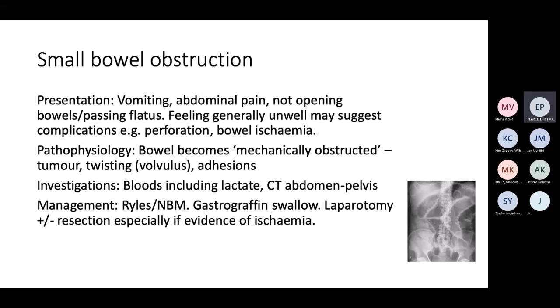The pathophysiology is the bowel becoming mechanically obstructed. It can be due to a tumour, twisting on itself, or adhesions, and any abdominal surgery at any stage carries a risk for adhesions. Sometimes patients that haven't had surgery for many years present with an adhesional bowel obstruction.